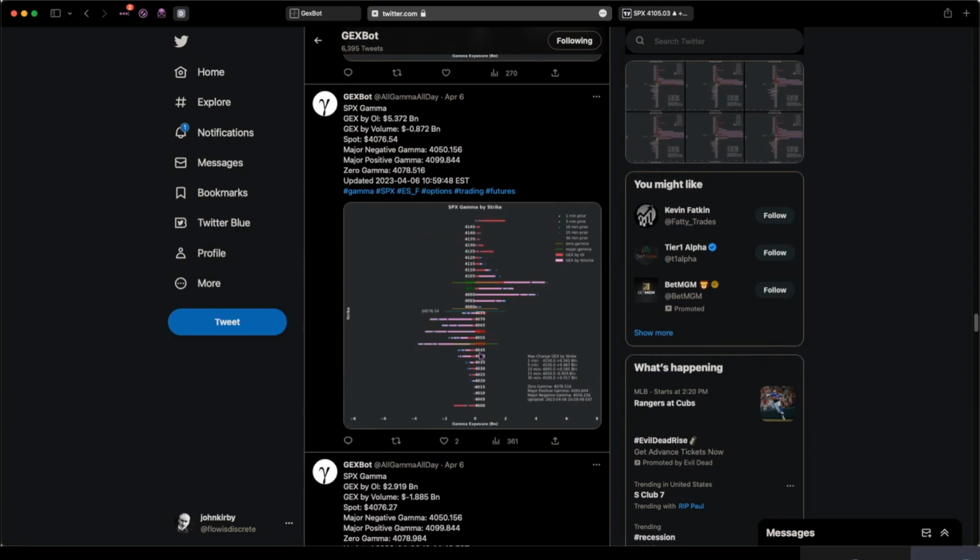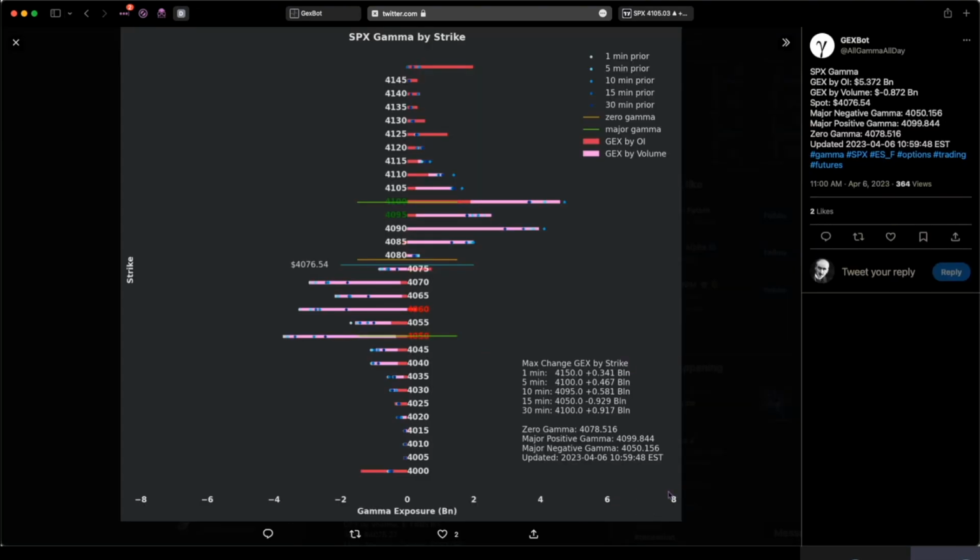But this is at 11 a.m., and I think this was probably the most revealing of the entire day, to be honest, because price was still at 4076, and you can see not only were the 4090s still around where we saw them last time, but the 4100s, despite the fact that spot is so far away, and has been away for a while, look at where they are. They're right back.